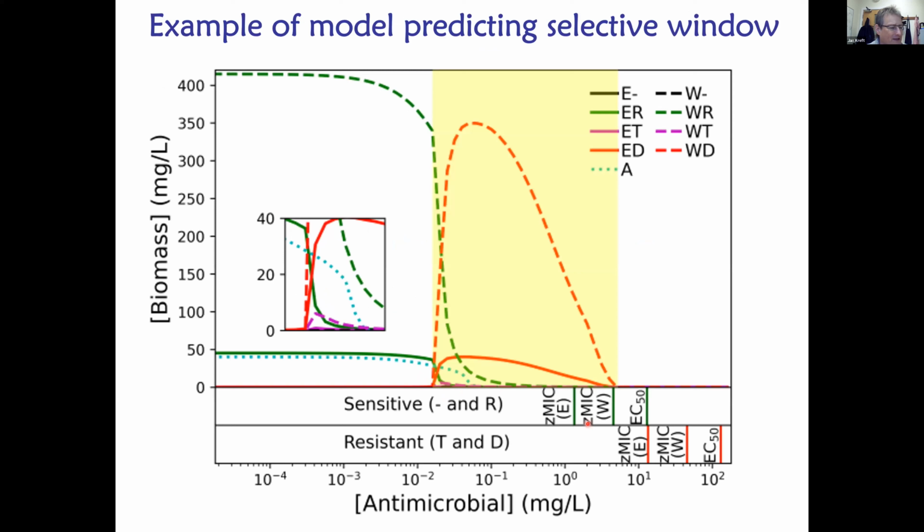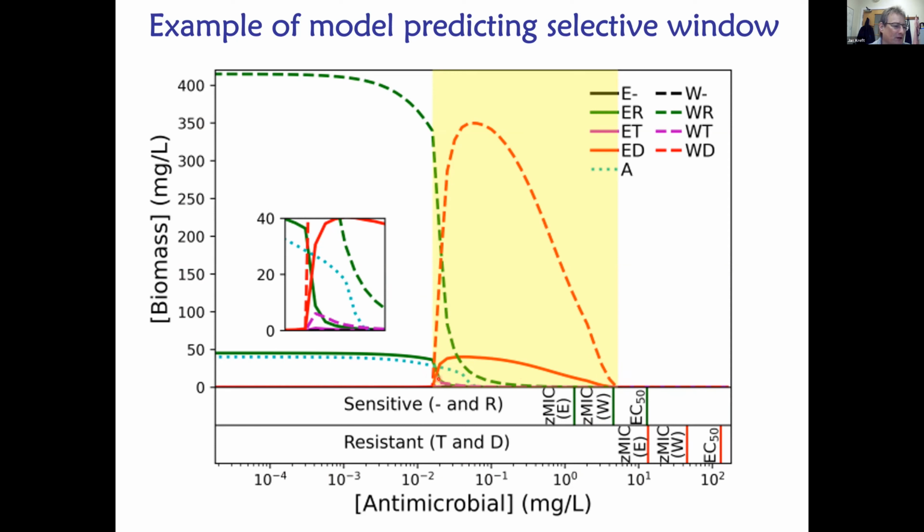And that is a selective window that you can predict from running a model like the ones I've shown you, where you can plot the different concentrations of antimicrobial at the bottom and the biomass concentration. You can see that the resistant populations are starting to become selected at a certain concentration of antimicrobial, until if the concentration of antimicrobial is too high, all the populations will be killed at a higher rate than they can grow, so that they become eliminated from the system.